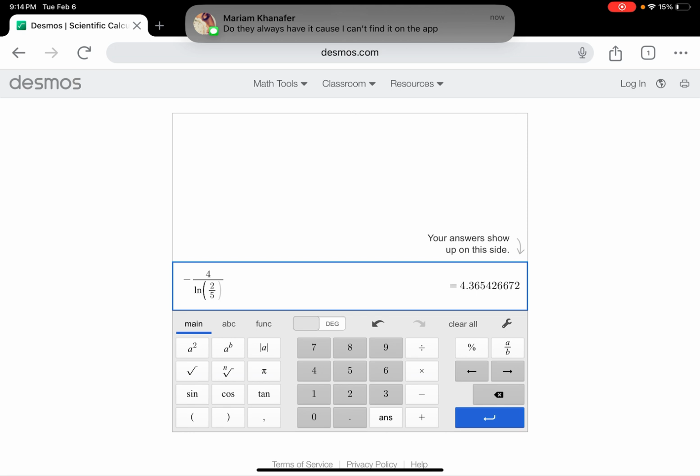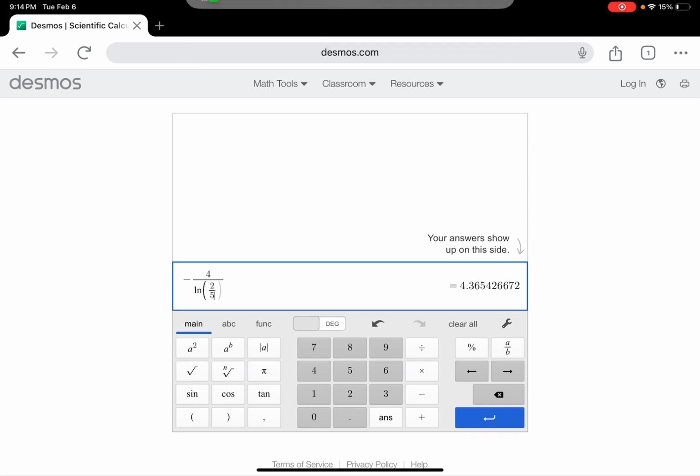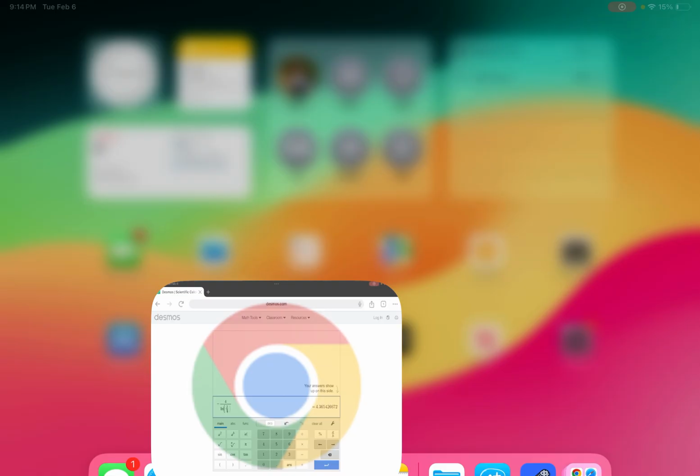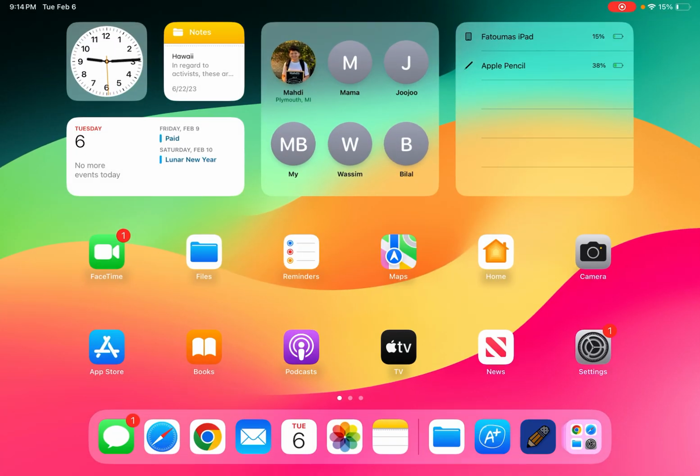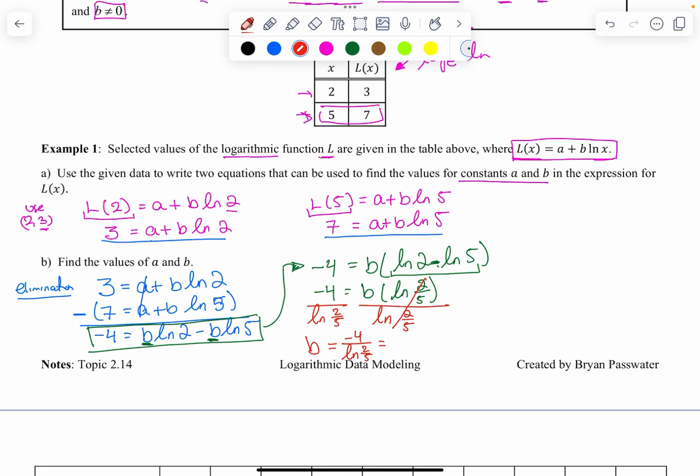And our answer is 4.36542. So 4.365. So B is equal to 4.365.